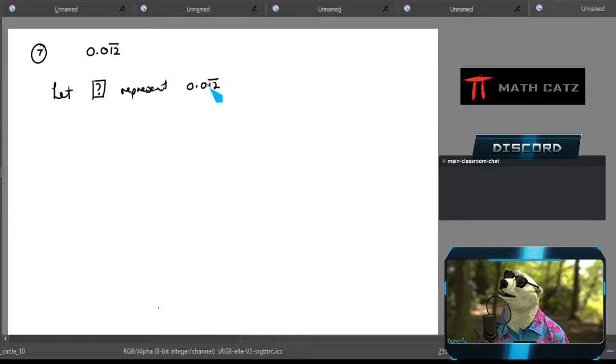Now make it clear what is under the line and what is not. If you do something like this, how do I know what you're writing there? Is the 0 under the line? Is it not under the line? I can't tell. It's 50-50. So now I start to question whether you really understand how repeating decimals are represented.